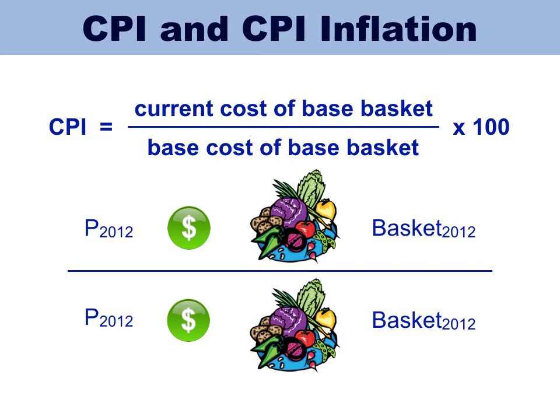Here we have our basket for the CPI. Notice that it is only containing consumption goods. In this case, it just looks like it's containing food. However, it's different than the basket that we used for the GDP deflator.